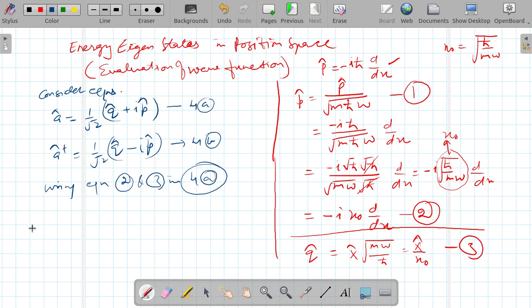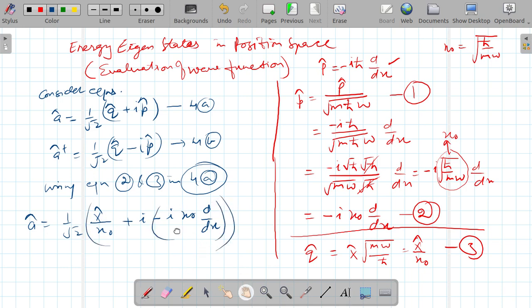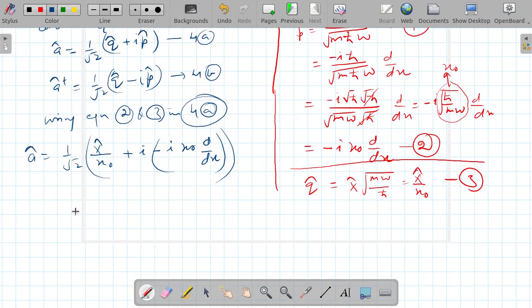So using equations 2 and 3 in 4a, this A operator is equal to 1 by root 2, x operator over x naught plus iota times minus iota x naught d upon dx. That's what we are getting. If I simplify it by taking the LCM, which will be x naught, and x naught gets multiplied here, it can be taken outside.